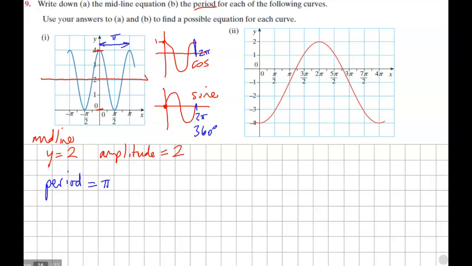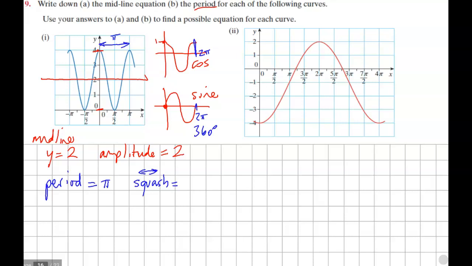Now, because that's pi, and originally it was 2 pi, in a sense it's been squashed. Squash is a completely untechnical term, but the horizontal squash has been by a factor of 2. It's been halved.